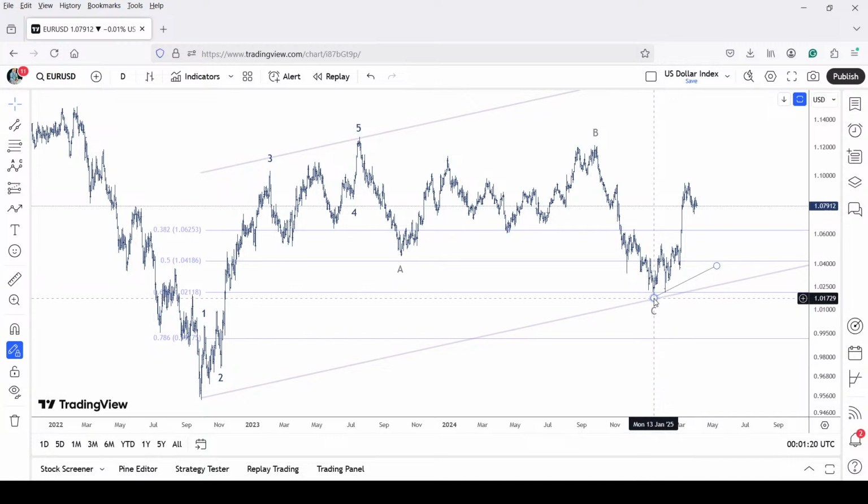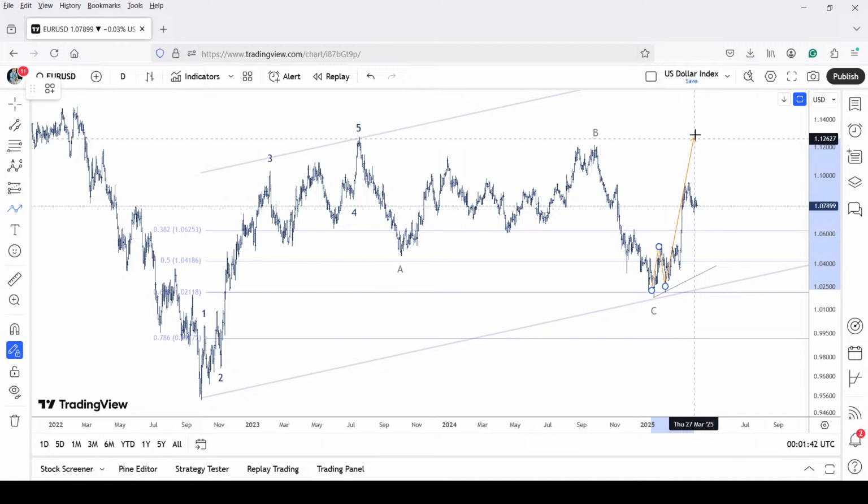What we have realized is the extended third waves are still in progress, while euro is wanting to build an impulse wave of an equal magnitude as the first one.